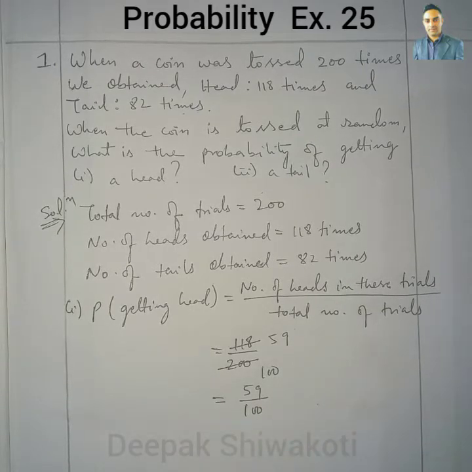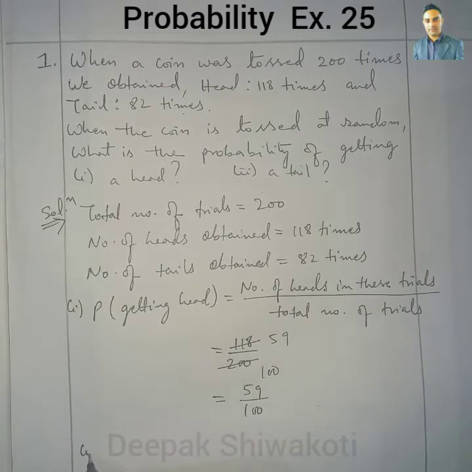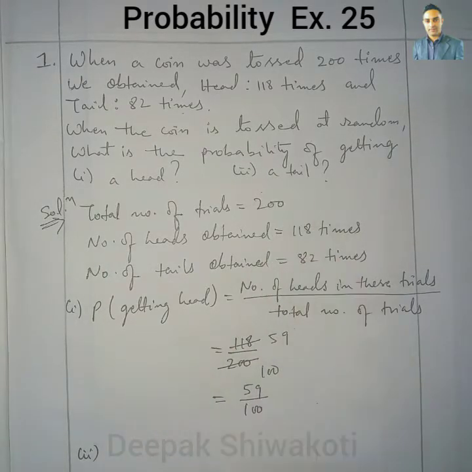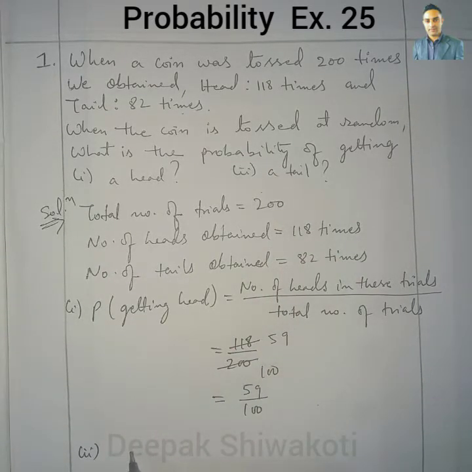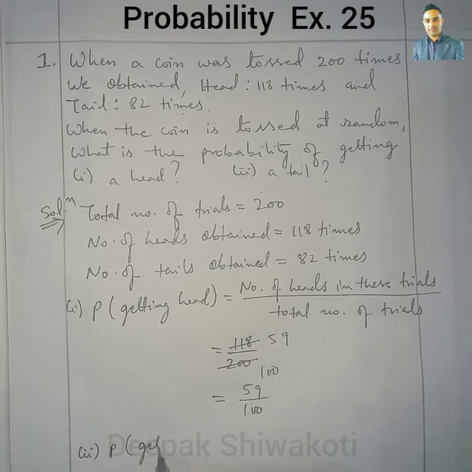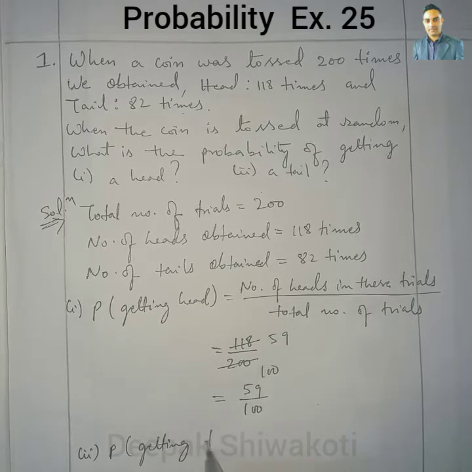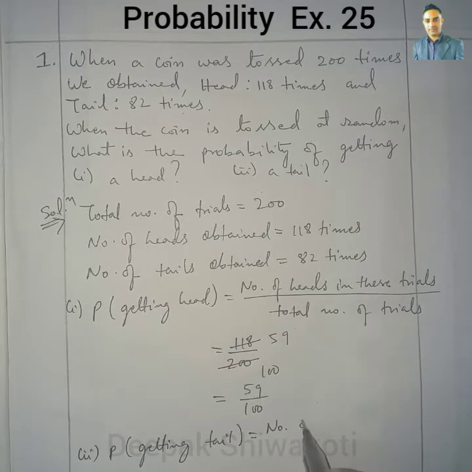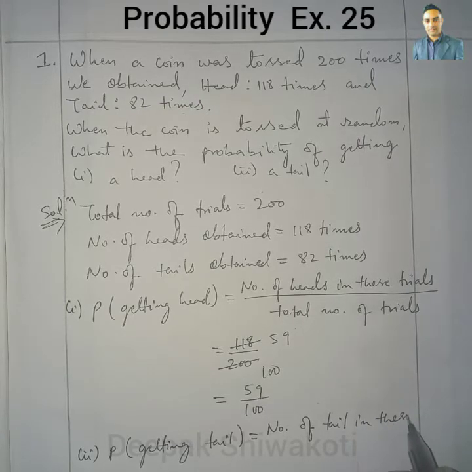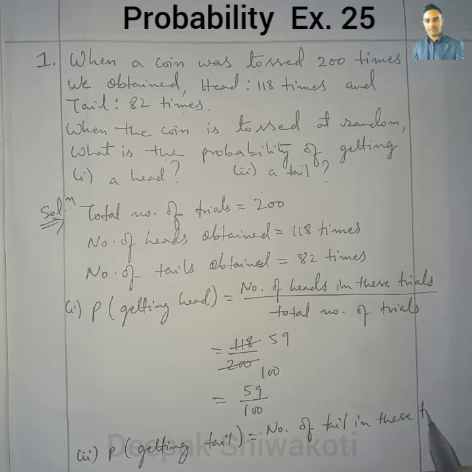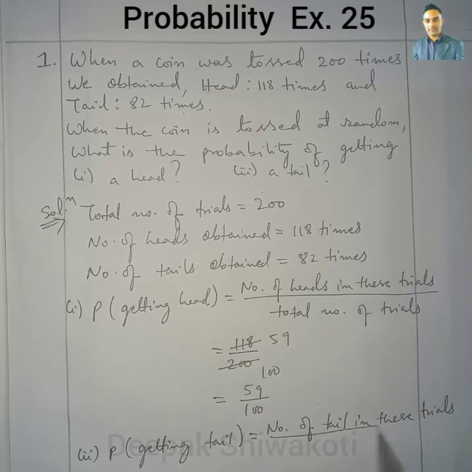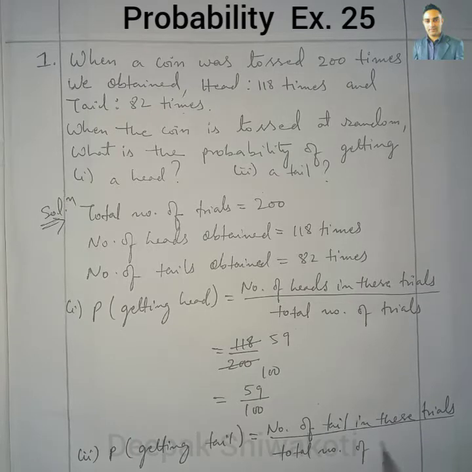Okay, so now question number 2, that is this one, a tail. Probability of getting a tail is given by number of tails in these trials by total number of trials.